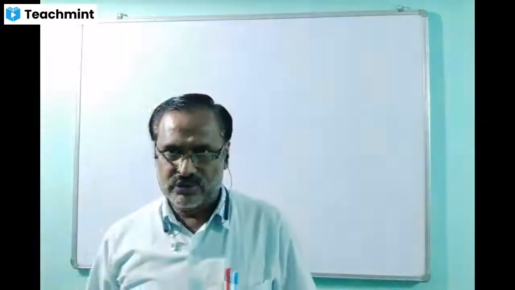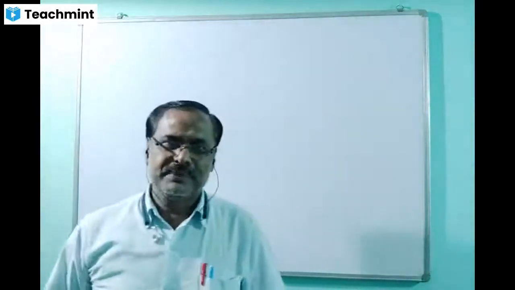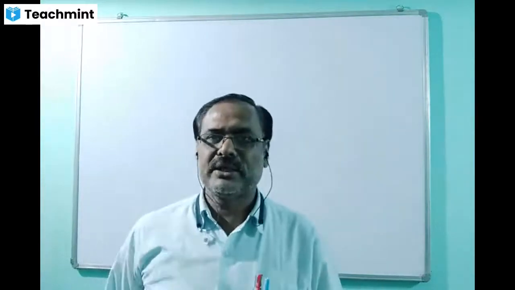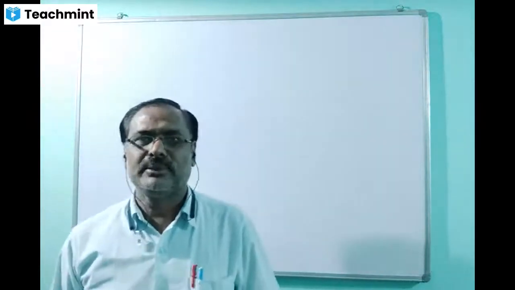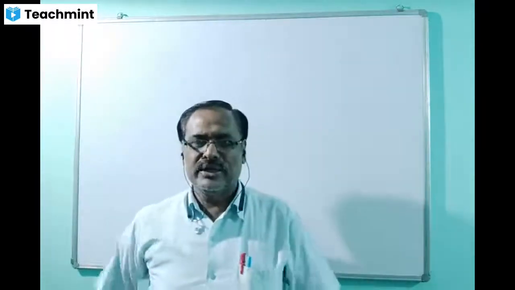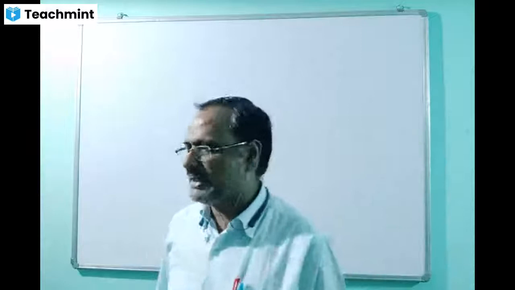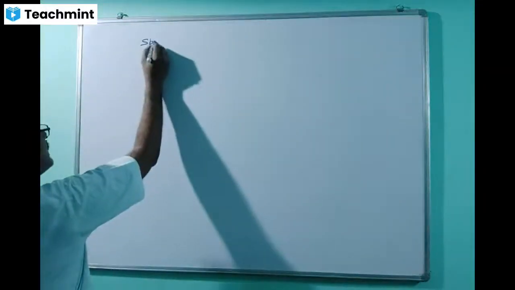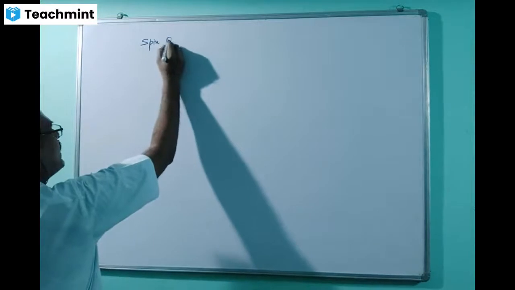Yes. So last period we have studied three quantum numbers: the principal quantum number, the azimuthal quantum number and the magnetic quantum number. And now we are going to study the spin quantum number.